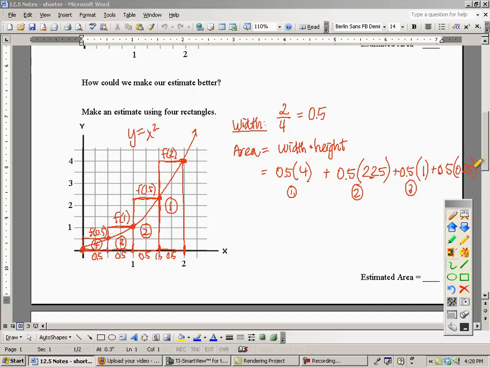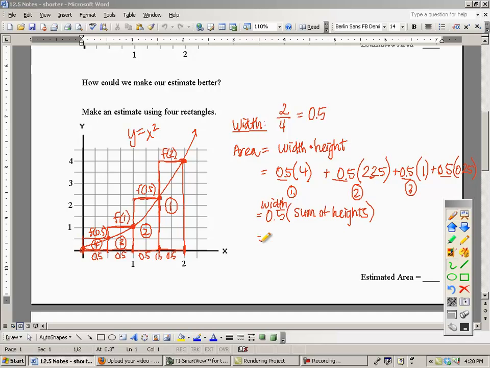Now, what I'm going to do is try and help us simplify this along the way. If you notice, they each have this 0.5 in common, so I can take this width and look at it as the sum of the heights. So I can take the width, and I'm going to write this in, the width, and then multiply it by the sum of my heights.